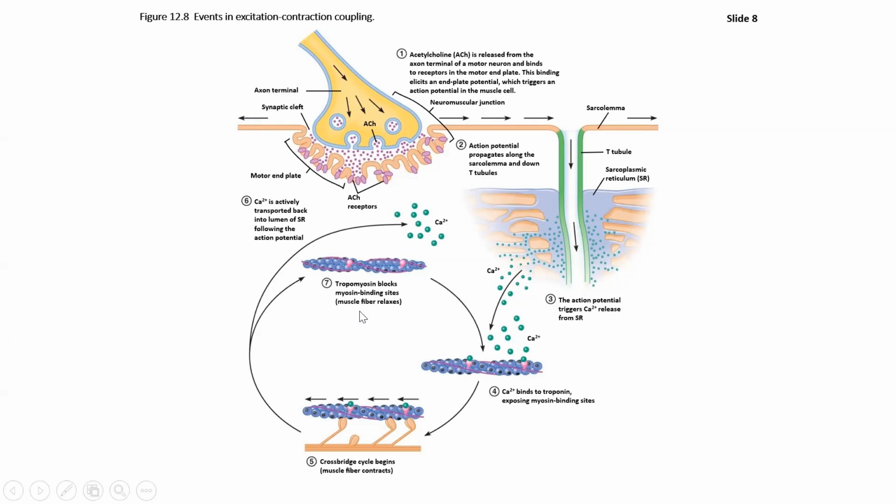And so once that happens, if there's no longer calcium present in the cytosol, then the troponin will not have calcium bound onto it. And so it's going to drag tropomyosin back to cover up those myosin binding sites once again. And that is going to bring about relaxation of the muscle, as actin and myosin can no longer come in contact with each other.